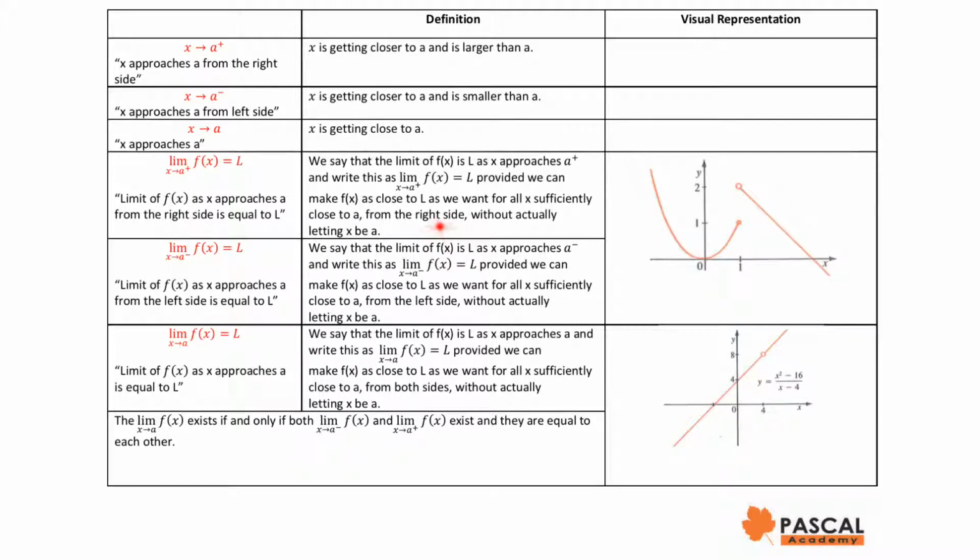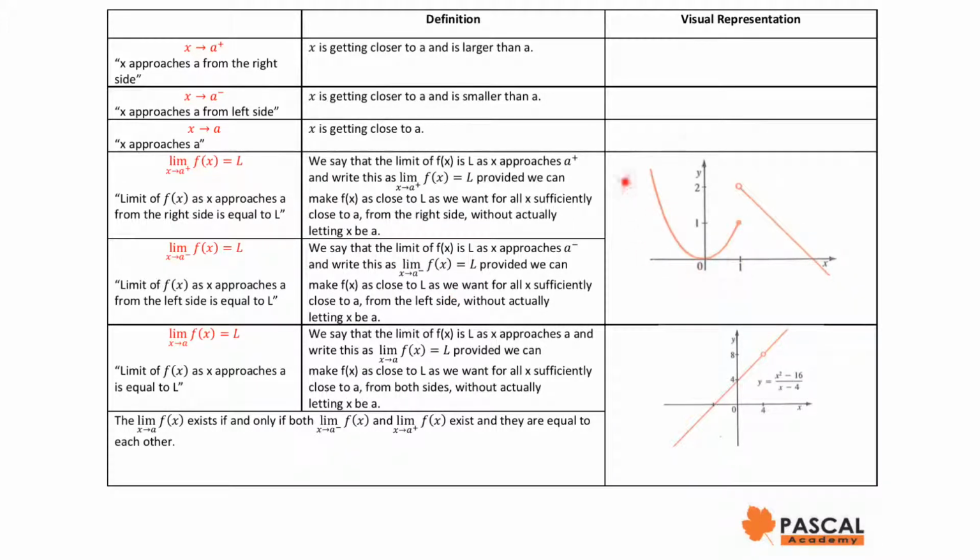That means x is greater than a in this case. Limit of f of x as x approaches a from left side is L, provided we can make f of x as close to L as we want to for all x sufficiently close to a from the left side. One more time, right side means bigger, left side means smaller.